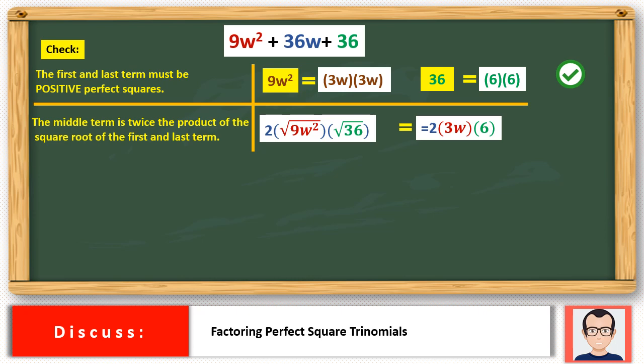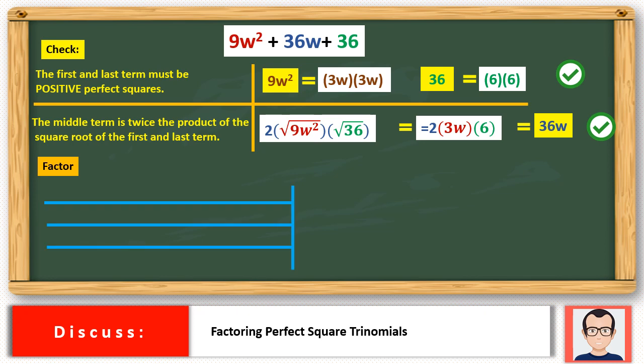And multiplying the three terms, we will have 36w, which is exactly the middle term of the given trinomial. So at this point, we can now factor.